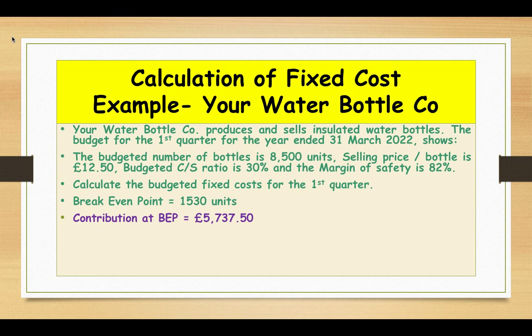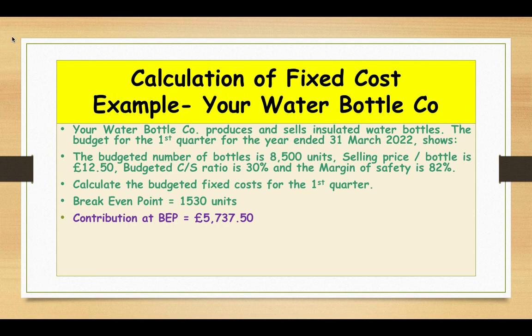Now we'll calculate the contribution at break-even point, which is the number of units, 1,530, times the contribution to sales ratio they have given, which is 30%, times the selling price, which is £12.50.